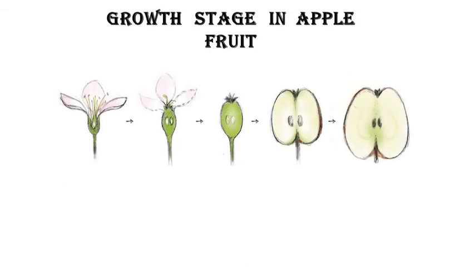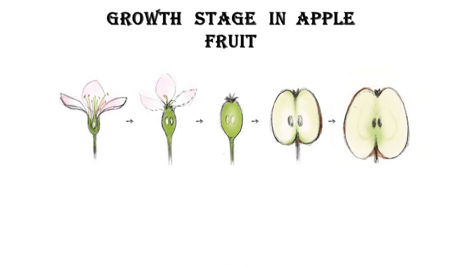Sometimes, after meeting the pollen grains, the ovary turns into a fruit, for plants that grow fruits. So where do these fruits come from?